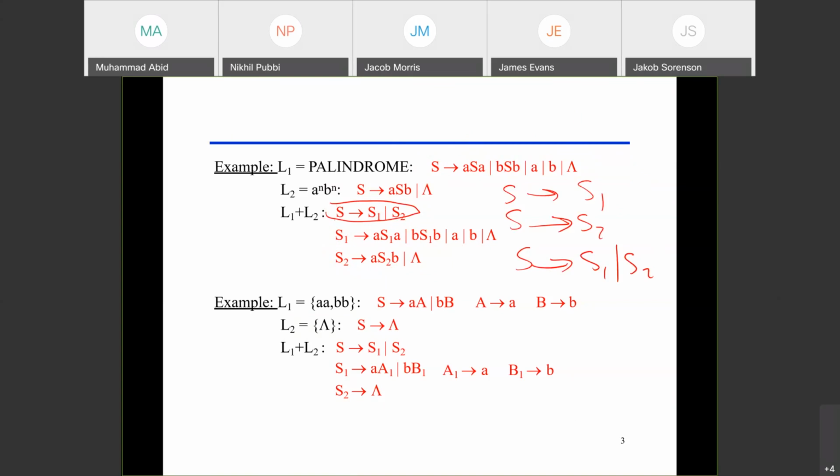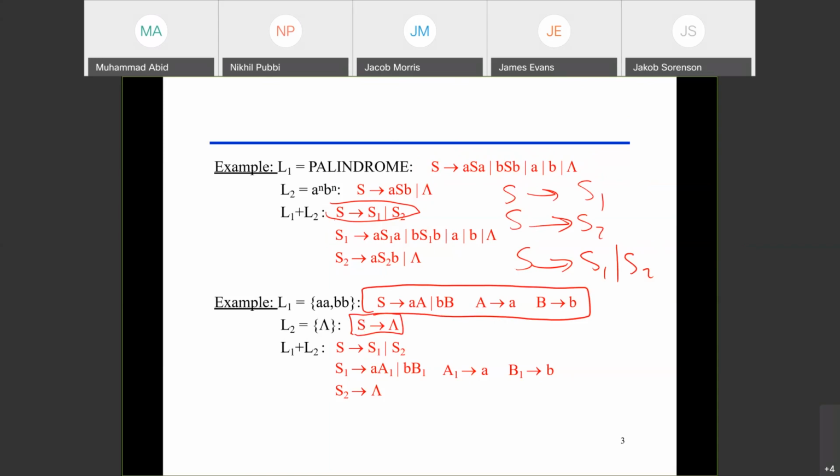So look at this one, second example here. We have one grammar, which has two production rules, and it has three non-terminals S, A, and capital B. Sorry, this whole thing is one grammar. And then we have another grammar, the second grammar, which is this one. It has only one production rule: S can be replaced by lambda.